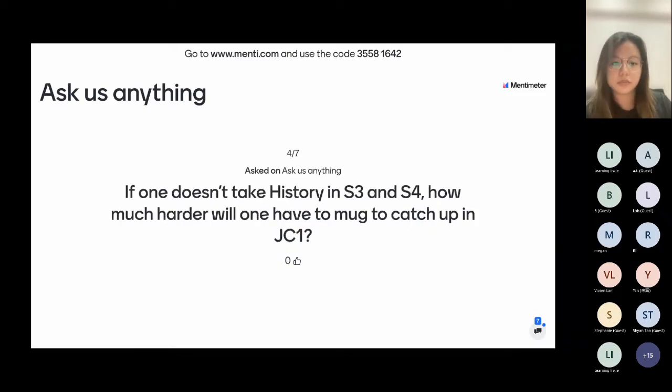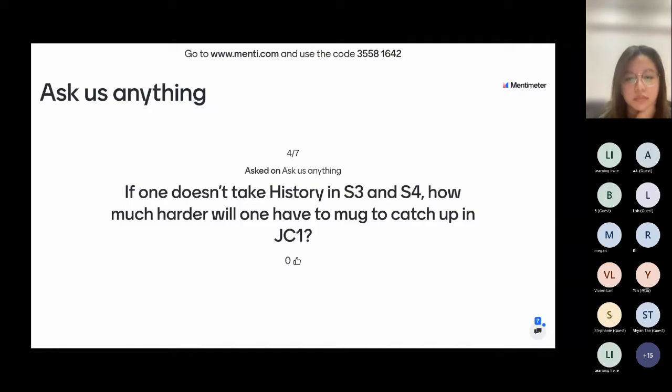If one doesn't take history in secondary 3 and secondary 4, how much harder will one have to mark to catch up in JC1? I would say you won't have to mark harder than the other people, because the only advantage I had was that I knew some things about the Cold War.